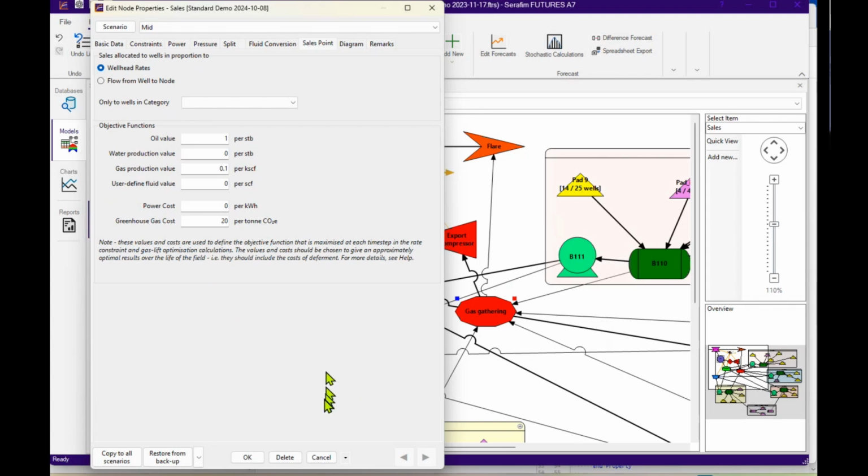And an important point to note is that the solver takes into account all the ramifications, all the aspects of the CO2 emissions.